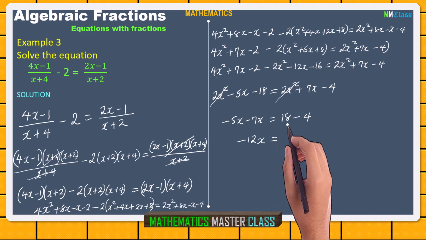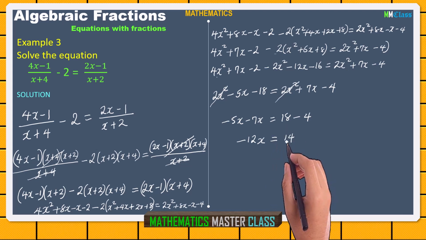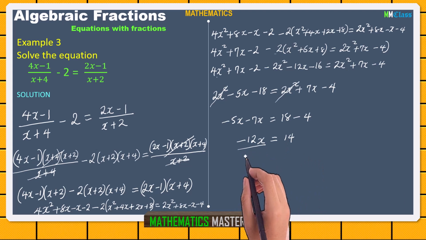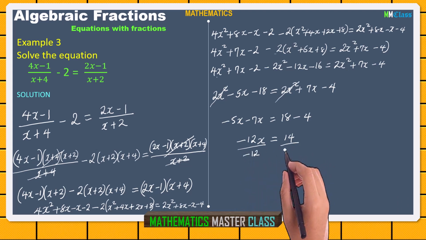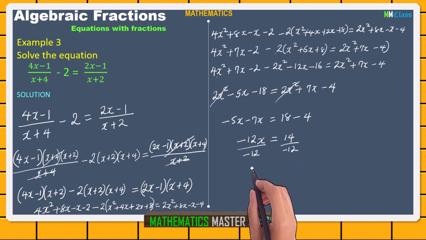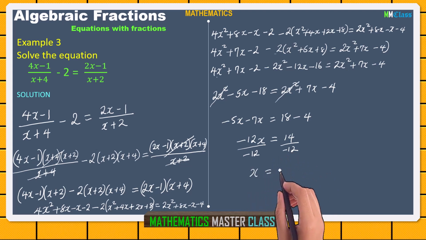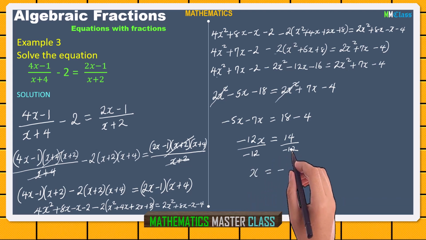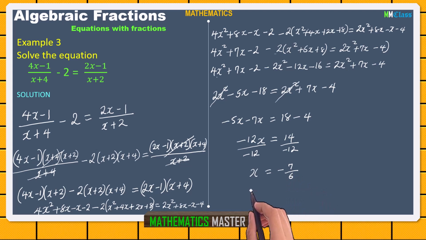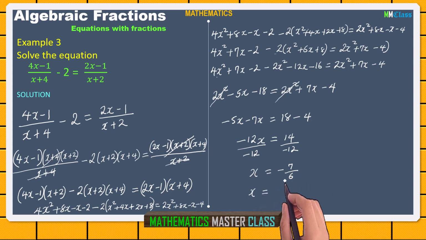It's equal to, we're going to get 14 here. So if we divide both sides by minus 12, we're going to have x is equal to minus 7 over 6. So this will be equal to minus 1 whole number 1 over 6. Thank you and God bless you.